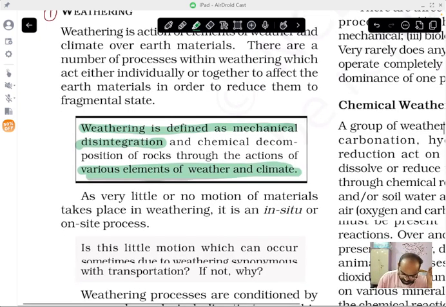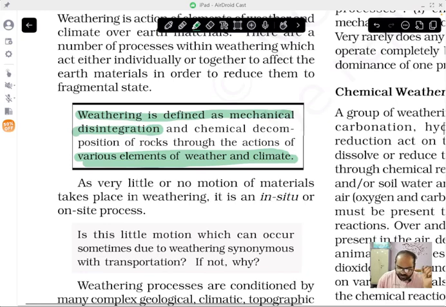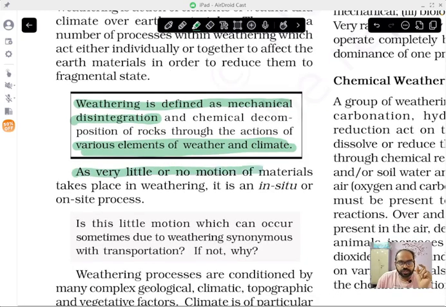And this is most important, as very little or no motion of materials takes place in weathering. It is an in situ or on-site process. See, what happens in weathering? There is no transportation of materials. The material just gets disintegrated. The layers of the materials might get deformed or stripped off, or the chemical nature of the material itself changes.